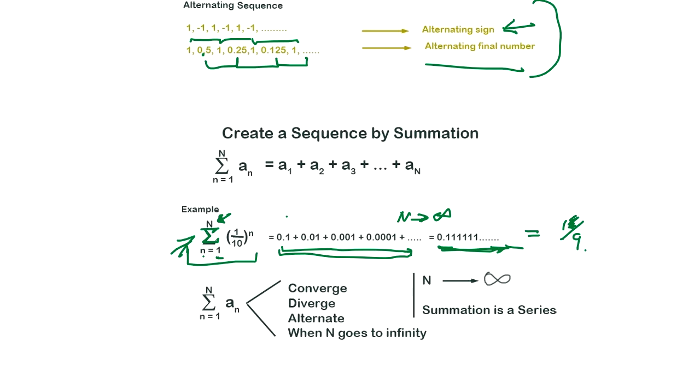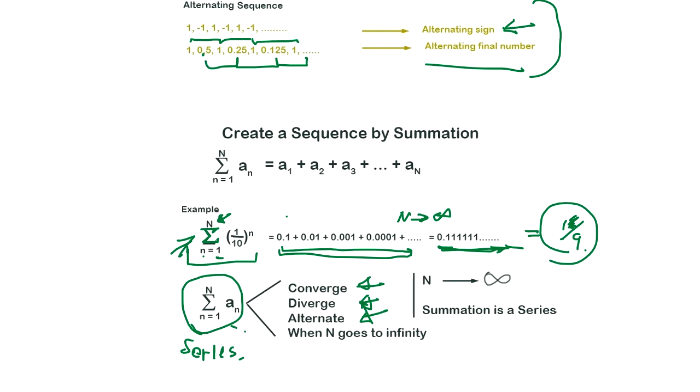So this kind of addition is called a series. You're adding numbers, and when n goes to infinity, the summation is a series. It may converge. This is an example of converging. It may diverge. When you add numbers, the sum of all the numbers could be infinite, or alternate.